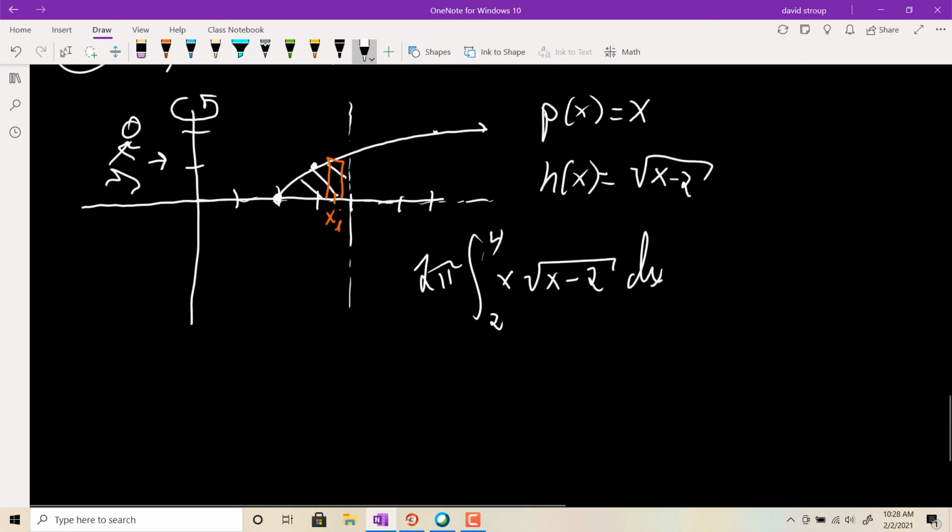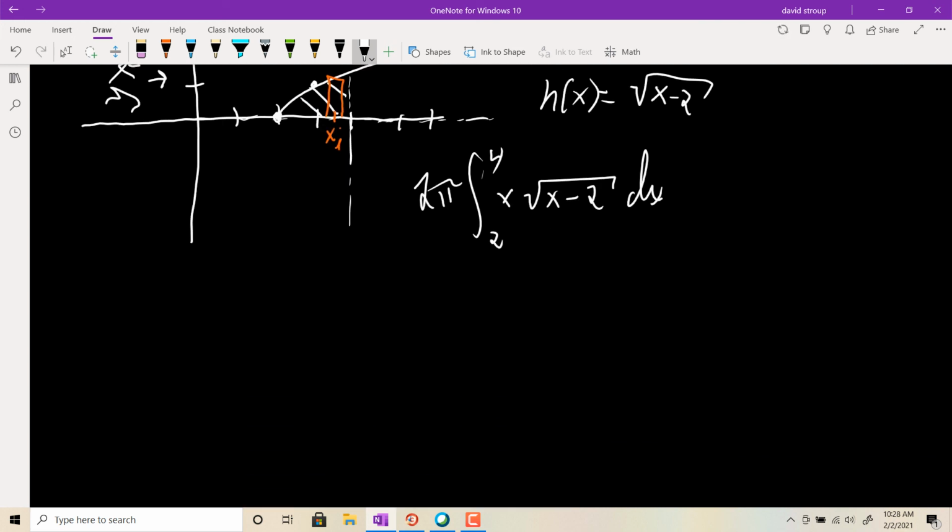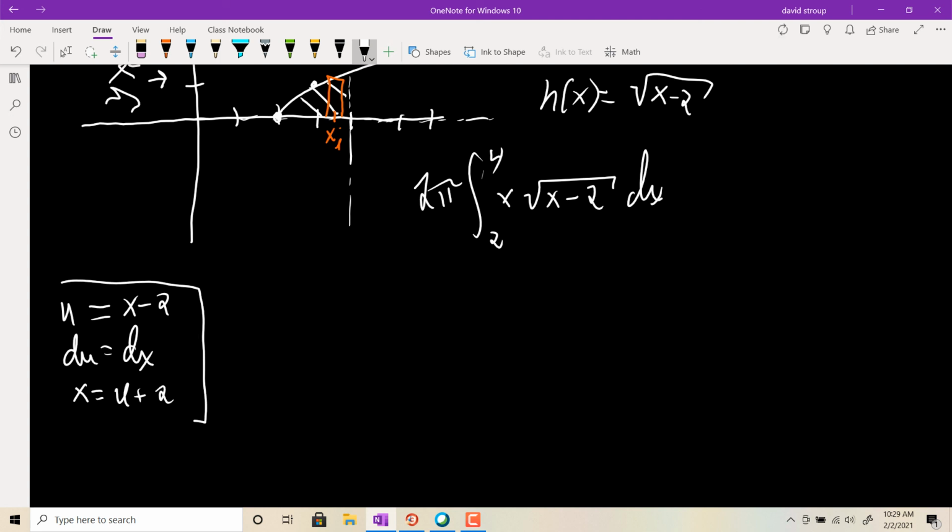So that is one of my favorite integrals in the universe. Most favorite integral in the universe. You have to do a u-sub for x minus 2. Du is just dx. And then after you do that u-sub, you realize the x's won't go away, so you need a formula for x. We'll just do that right there.